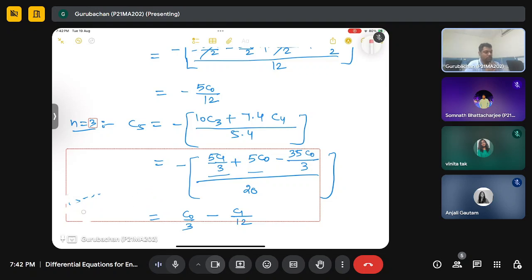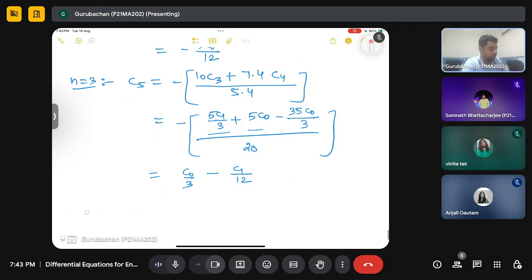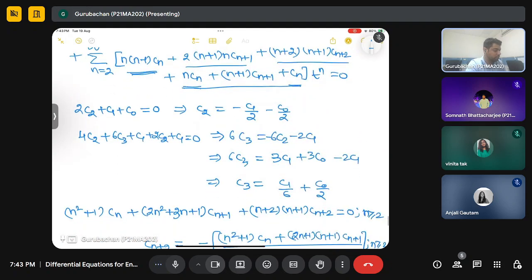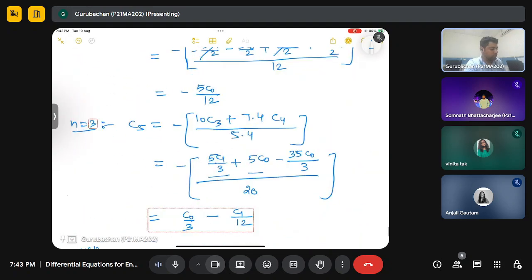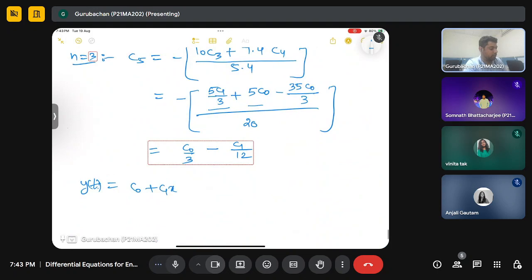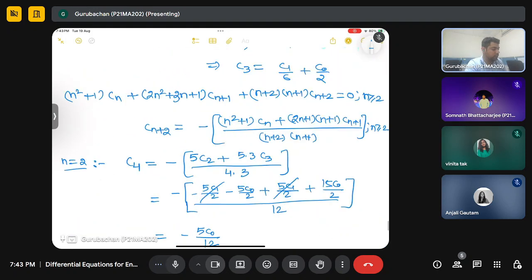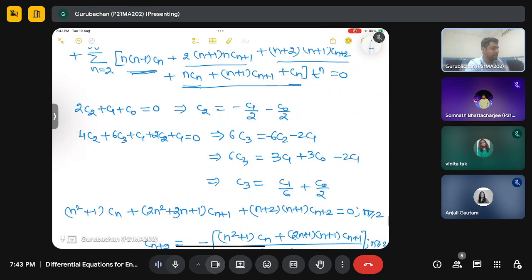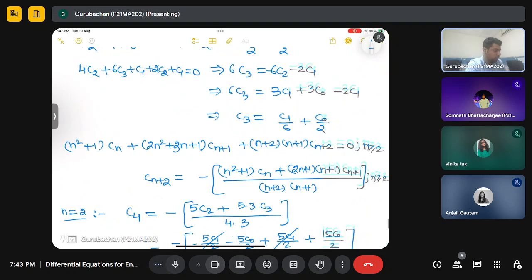If you get this C5 also, then you may write this general solution in the form of Yx, in fact Yt, since here we have put the transformation. Then Yt will be C naught plus, what is the value of C1? We have to keep C1 as it is as an arbitrary constant, and C2 is minus C1 by 2 minus C0 by 2.